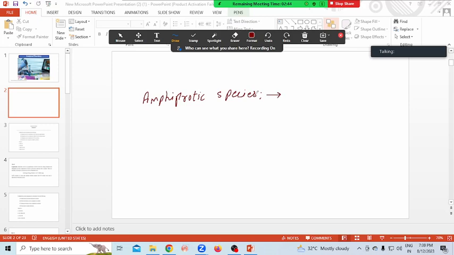According to its name, amphiprotic means it can give a proton as well as accept a proton. This type of species is known as amphiprotic, and the simplest example is water, because it will give H plus and OH minus ion.